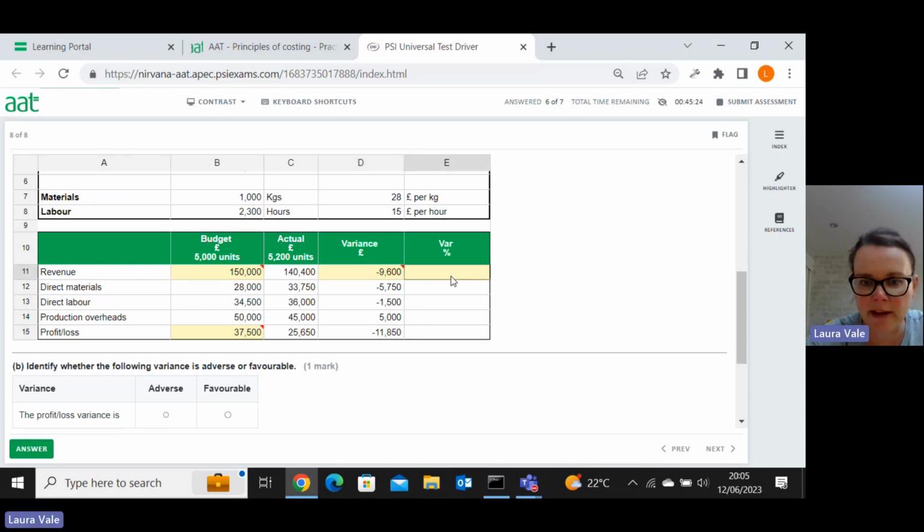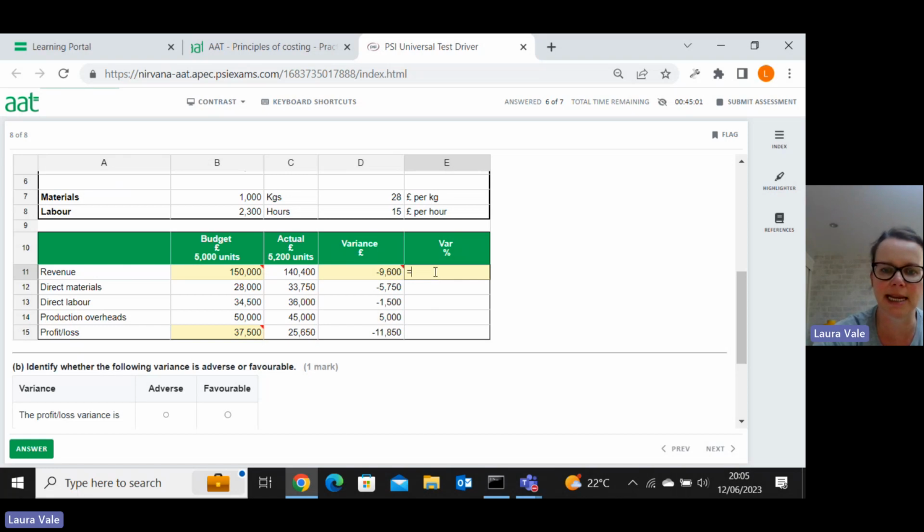Right, so then we've got the variance percentages. The variance percentage is the variance divided by the budget. We could remember the name Victoria Beckham to remember that it's V divided by B. And then, of course, times by 100 to turn it into a percentage. So this top box wants a formula.